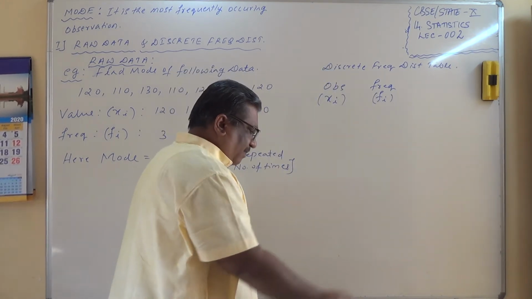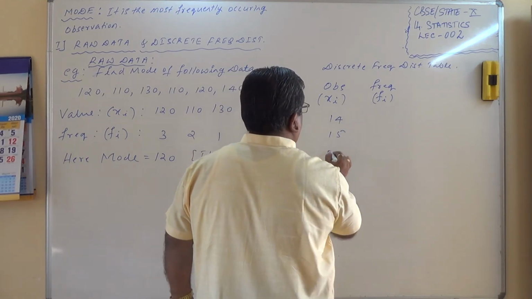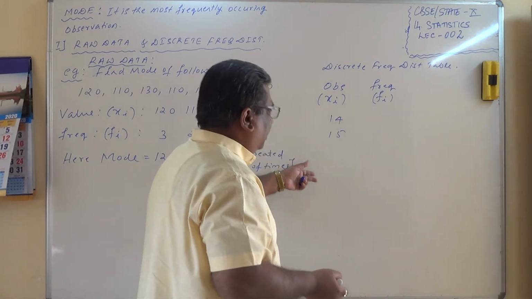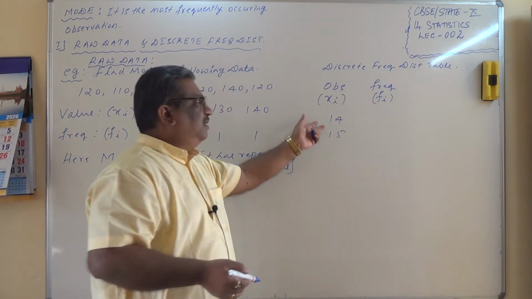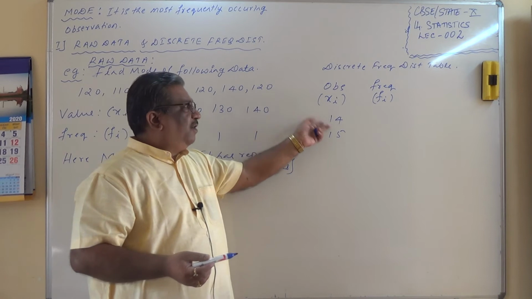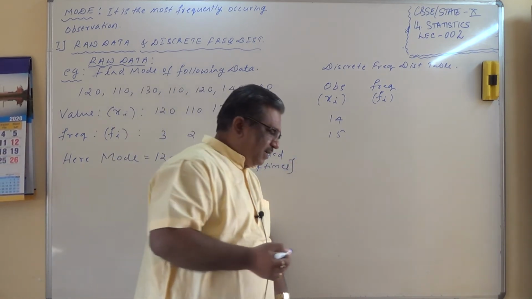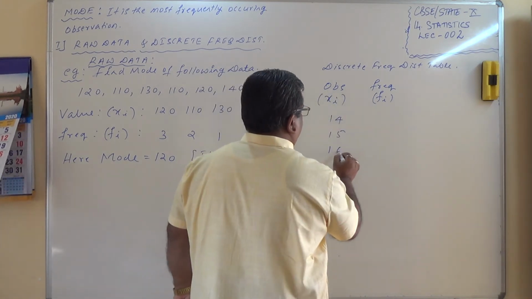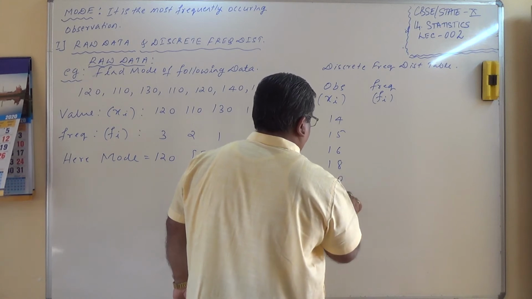Okay, let me give one example here. 14, 15, something I am taking randomly. These are the weights of the ornaments, you can say, for example 14 gram, 15 gram, something like that. So 14, 15, 16, 18, 20 and 25 grams.